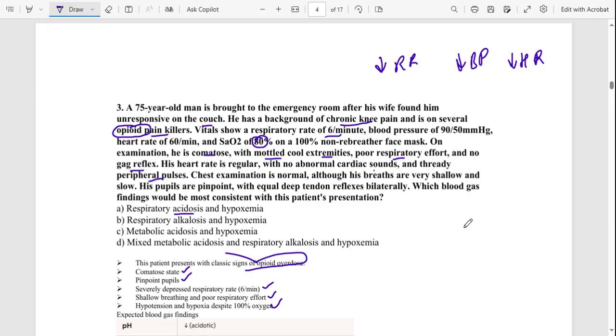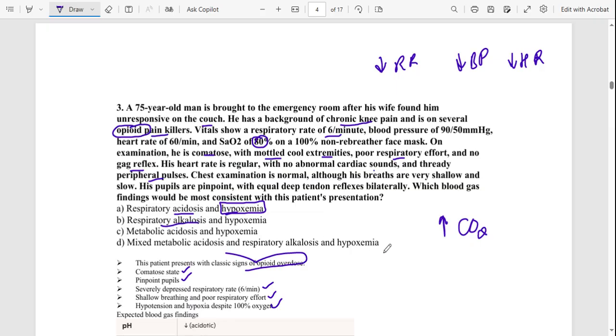And what happens in that case is that the carbon dioxide is going to be accumulating in the body. That can cause them the respiratory acidosis. At the same time, there's going to be hypoxemia, where there is not going to be oxygen delivery to tissues.